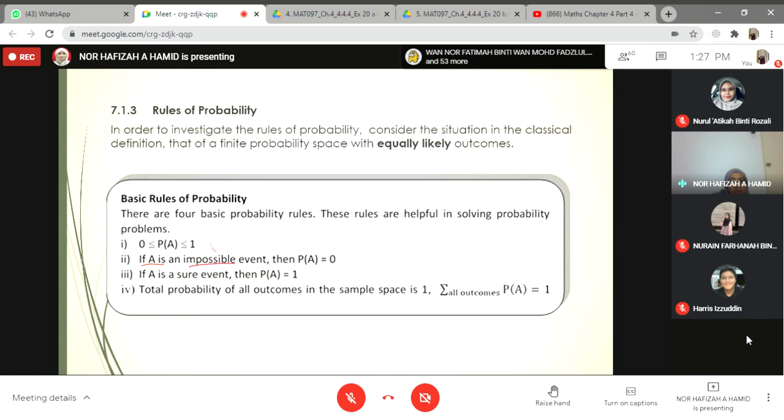If it is a sure event, then the probability is equal to 1, meaning the event is confirmed to happen. Then number 4, the total probability of all outcomes in the sample space is 1. So that is your total outcomes. It is always 1, it cannot be less than 1 or more than 1.